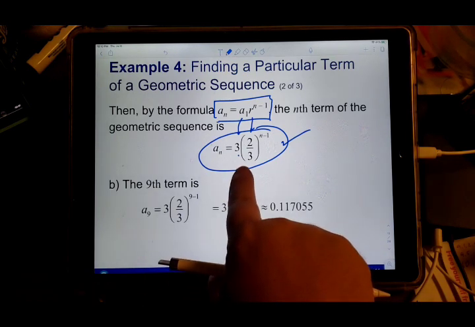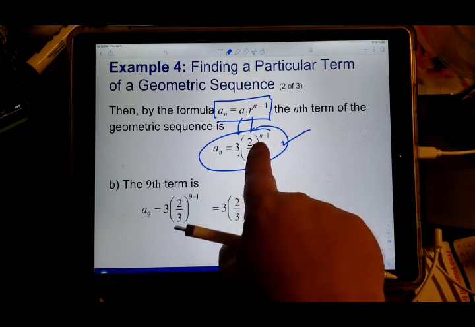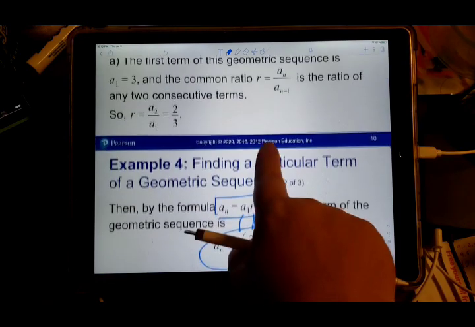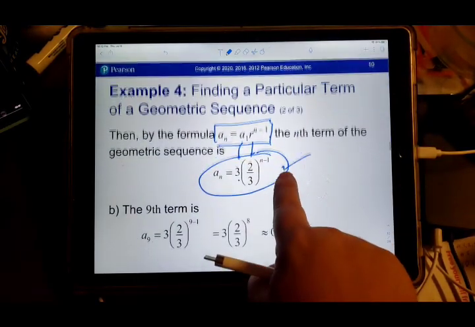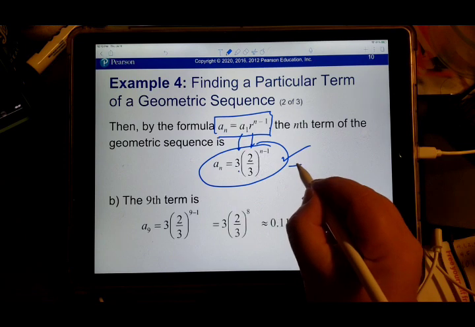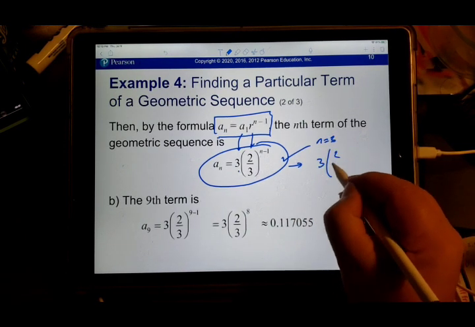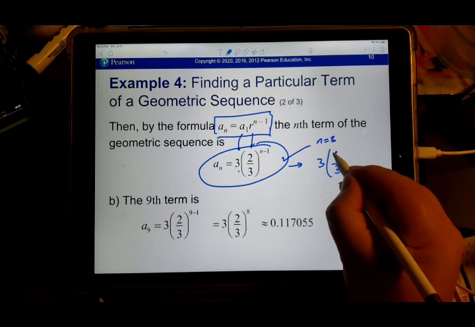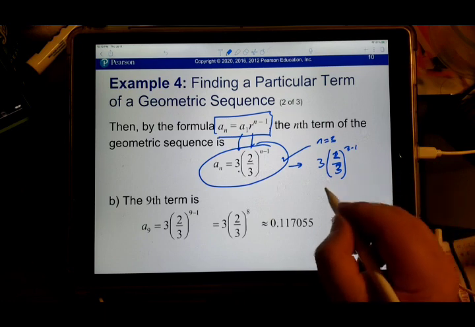Does the formula work? Yeah. Let's say you wanted to test this formula for n equals 3. Do you remember what the third term in the sequence was? 4/3. If I tested this and said n equals 3, I'd get 3 times 2/3 to the 3 minus 1.